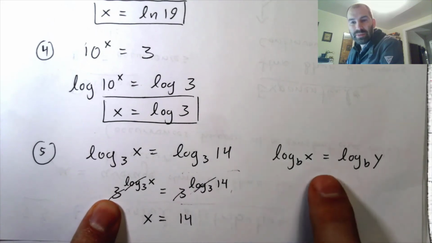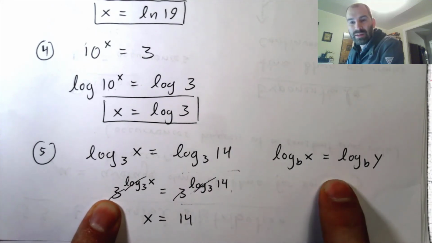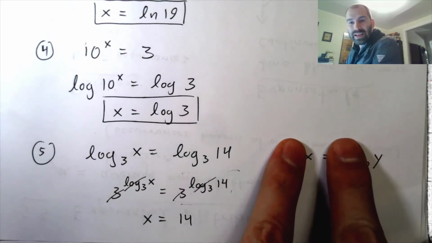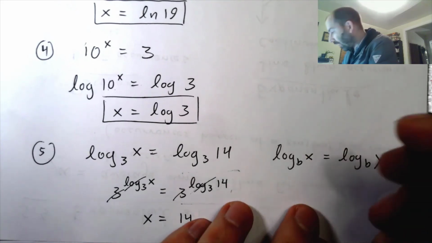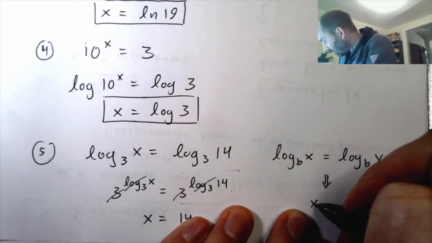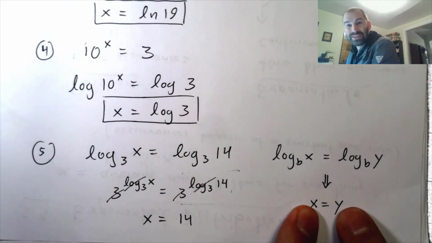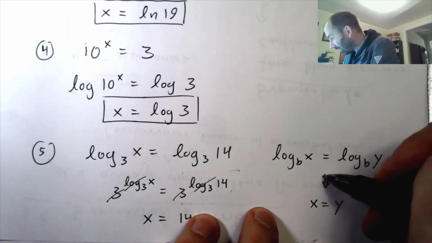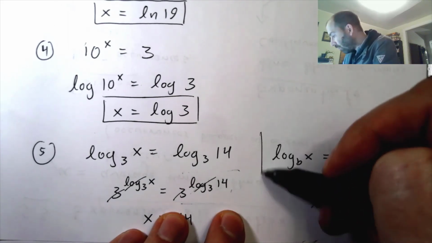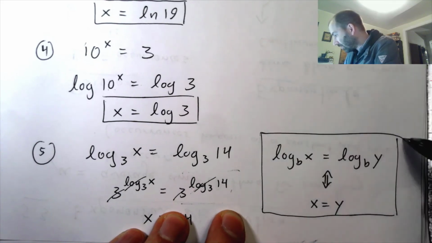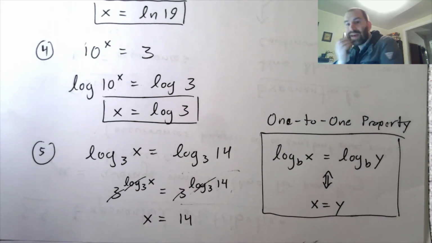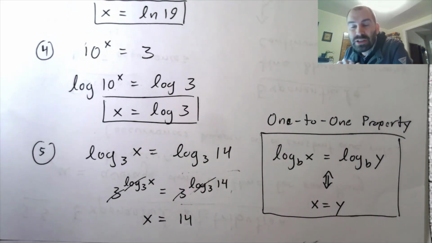I can put each side as an exponent on b. The b's and the logs cancel. I get x equals y. And of course it works the other way. If x is the same as y, then of course their logs are the same. This is called the one-to-one property of logarithms. We had a one-to-one property of exponential functions, and we also have a one-to-one property of logarithms.